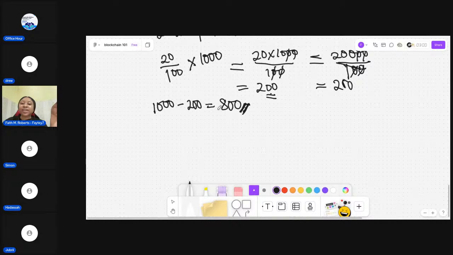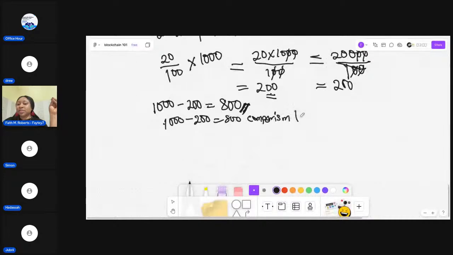So once you have got this 800, if the question already knew the balance, what you have done is to make sure that 1,000 minus 200 gives you 800, in comparison to the current balance, which is supposed to be 800.